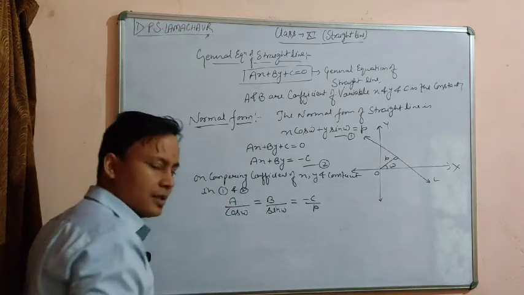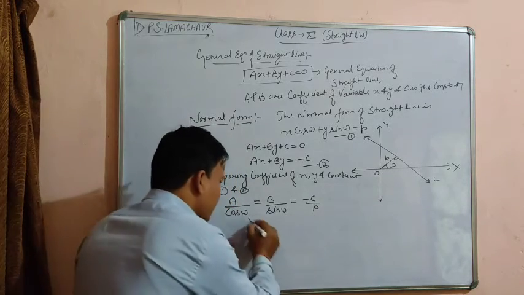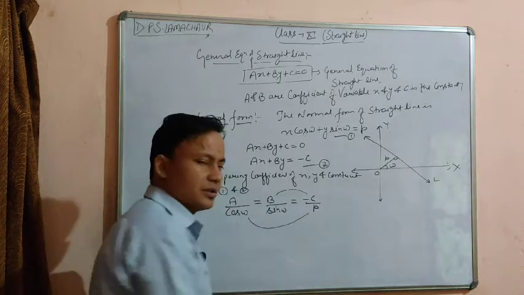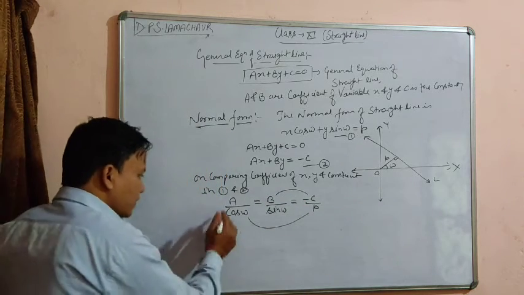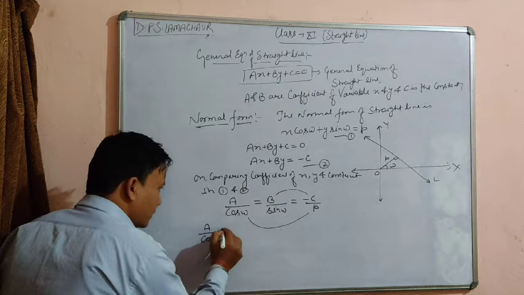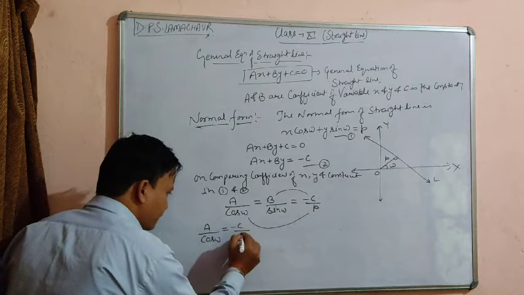Because this and this are the same line, since we are changing the general equation of a straight line into normal form, we compare them. Now first we will equate this and this amount, and then we will equate both the amounts. So first, a upon cos omega equal to minus c upon p.